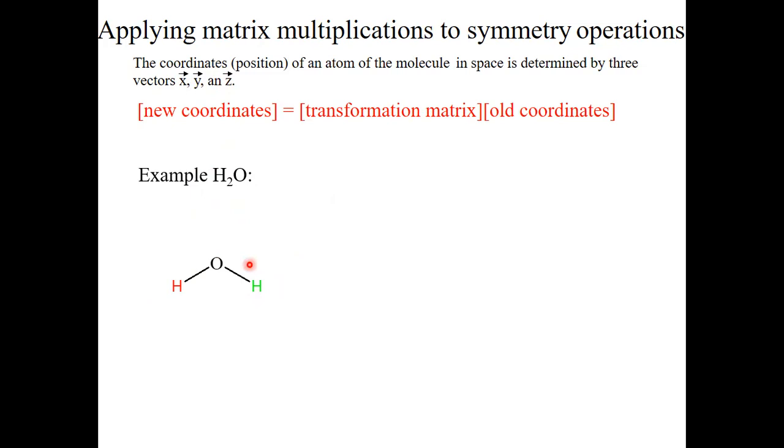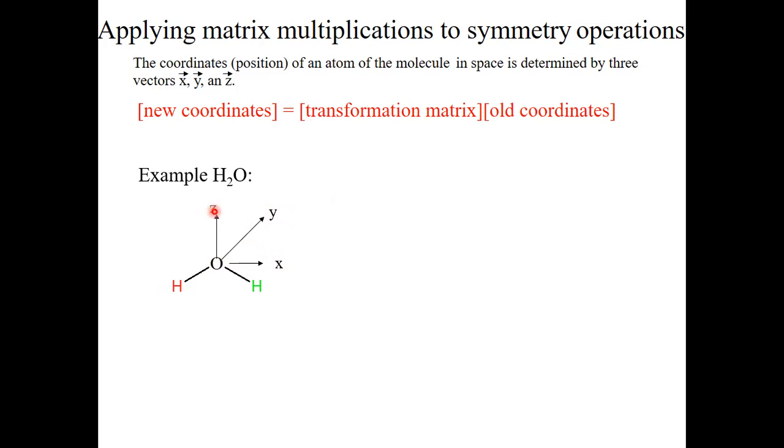Now, water molecule, as you know, can be described within a coordinate system, and we can define this to be the x direction, this the z direction, and our molecule lies within that xz plane, and the y direction perpendicular to the xz plane.